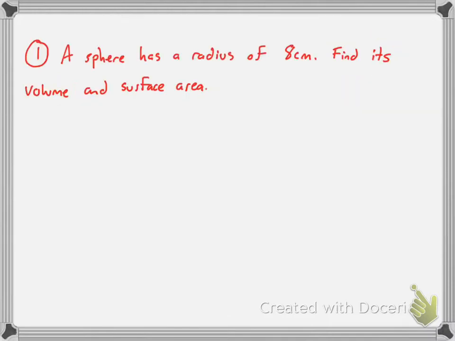In this first question, I have a sphere that has a radius of 8 centimeters, and I want to find its volume and surface area. So if I want to find its volume, all that I'm going to do is do volume equals 4/3 pi, and then my radius is 8, so I'm going to do pi times 8 cubed. When I plug this into my calculator, I get 2048 pi over 3.